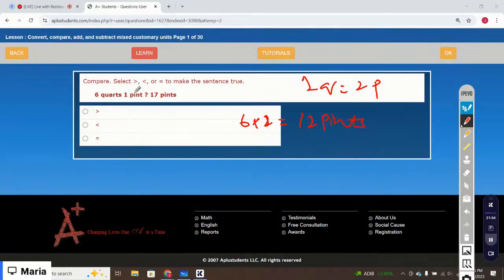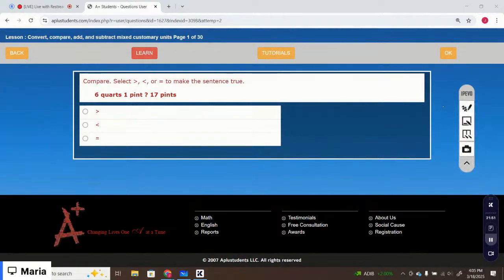You already have 1 pint there. Add the pints. 12 plus 1 is 13 pints, which is less than 17 pints. That is less.